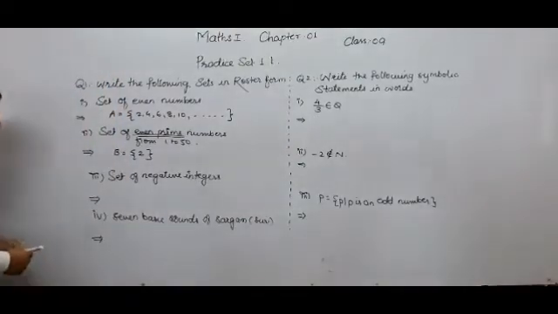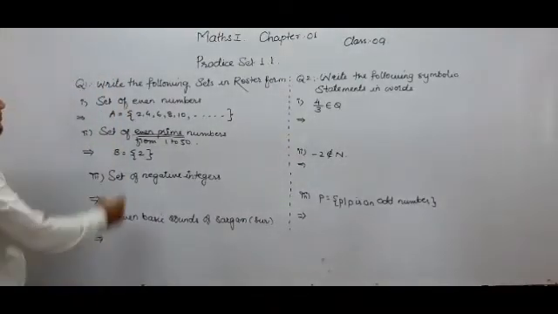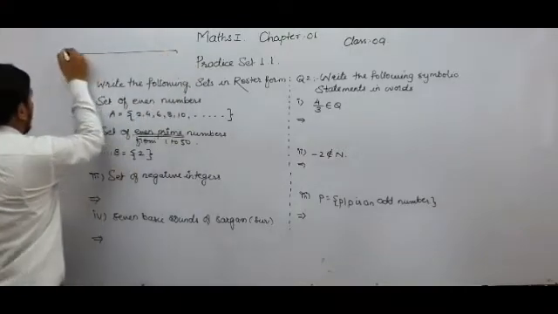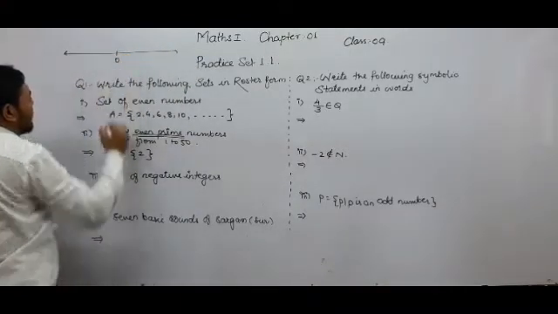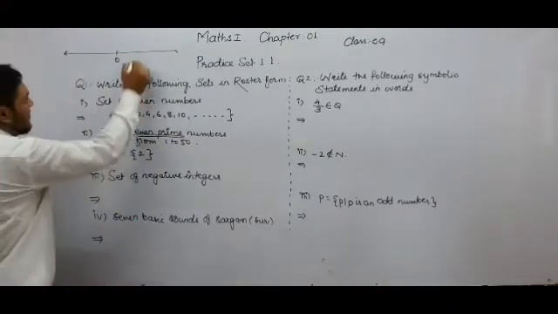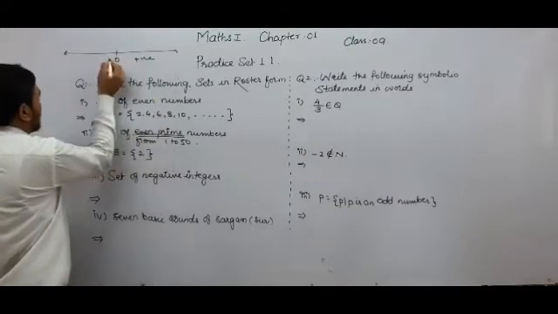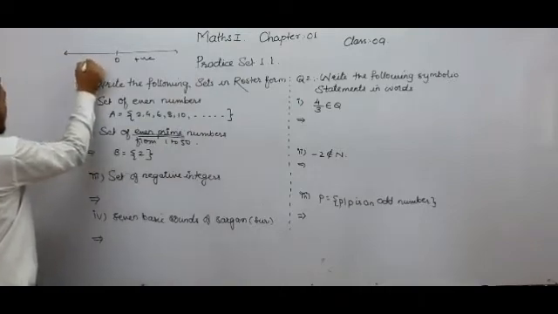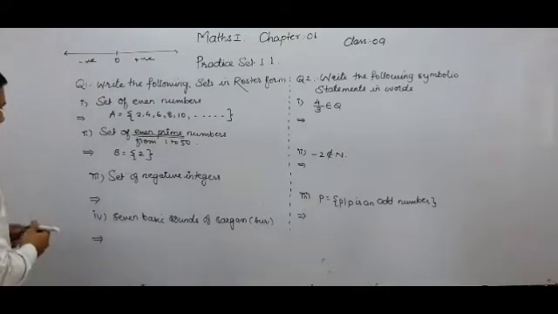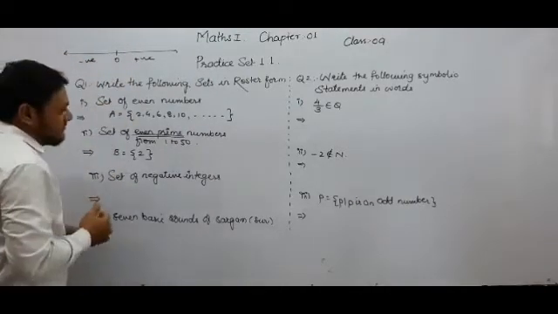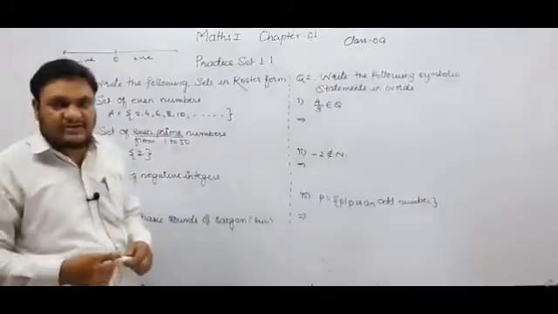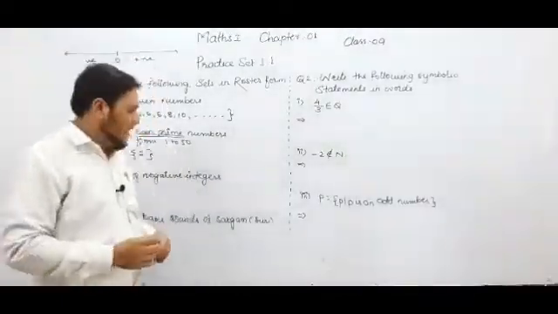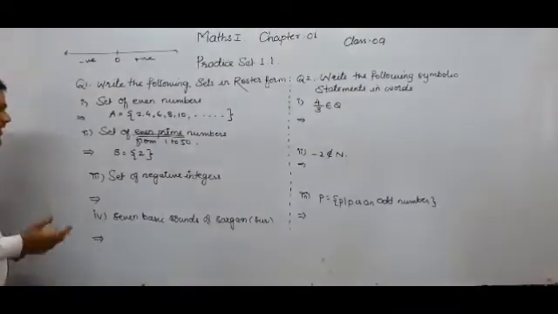So students, next set is set of negative integers. Students, we have studied a number line. I will repeat this. The midpoint of the number line is 0, and to the right of 0 there are positive numbers, to the left of 0 there are negative numbers. All of these are integers, meaning positive numbers, negative numbers including 0 are called integers, and out of integers we want only negative integers.